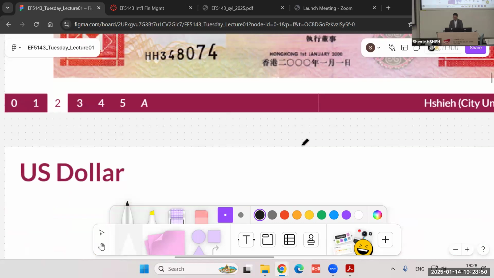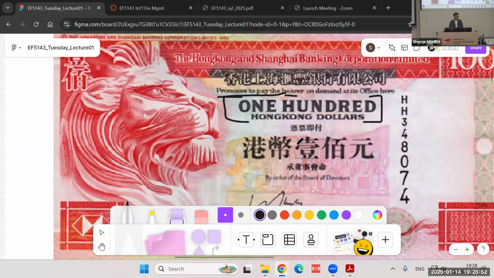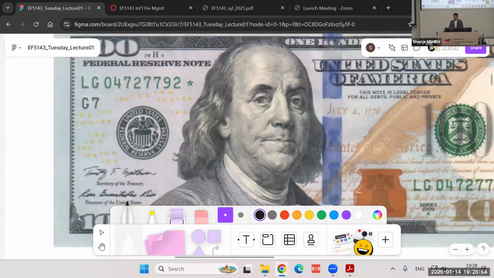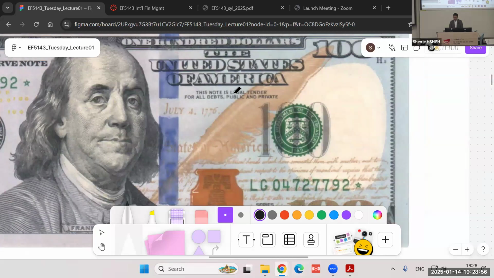Pay on demand X amount of dollars. Okay. For US dollars, same thing. This note is legal tender. Legal tender means that you can use this money to service any sort of liability or debt. So if I owe money for buying something, I can just use this money to pay for it.